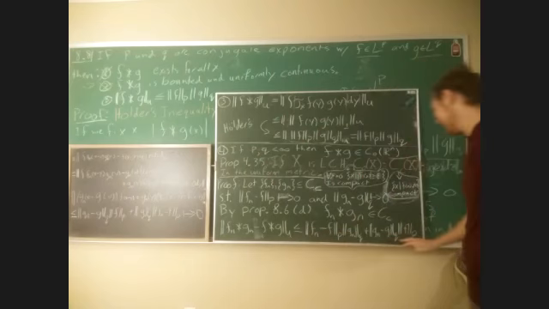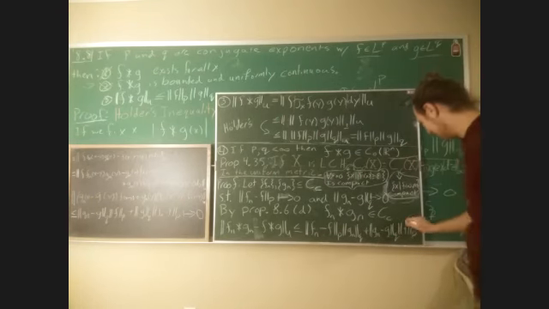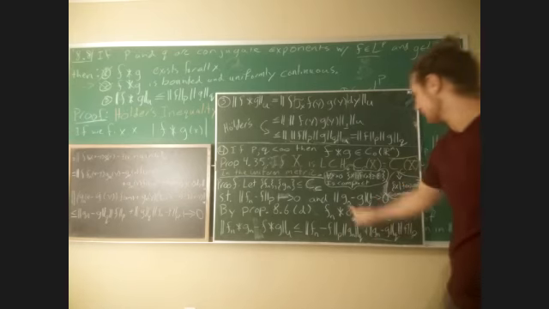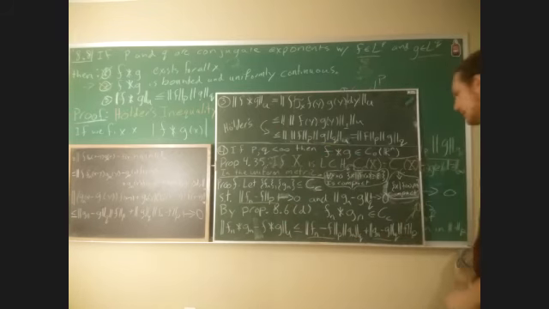The book just says it's less than this thing, and this thing is obviously going to 0, because this one by assumption was going to 0, and this one by assumption was going to 0. So the sum of the products is going to 0.